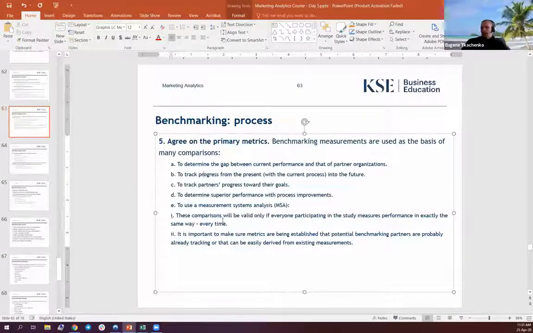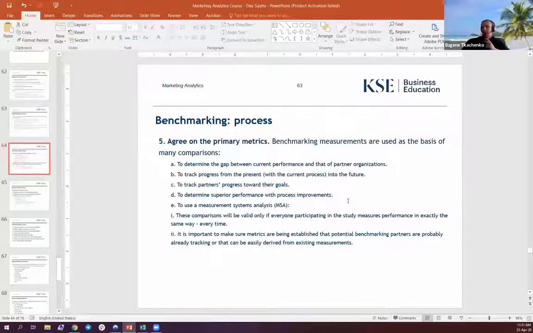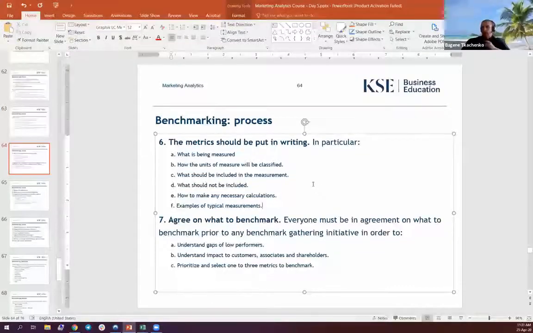So these preferences, again, will be valid if everyone participating in the study measures performance exactly the same way every time. So again, framework, methodology, practices, they all should be standardized and organized because comparison of one characteristic is key. So then you should start putting those metrics in writing.